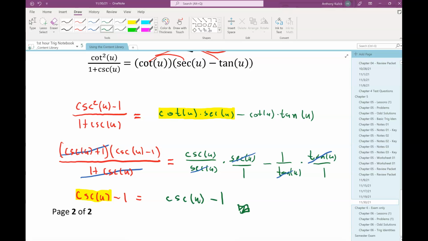And I'm good. The two sides are now equal. Even though I didn't take the right-hand side and make it the left-hand side, or the left-hand side and make it the right-hand side, I did a little work on each and met in the middle. That's okay for us.